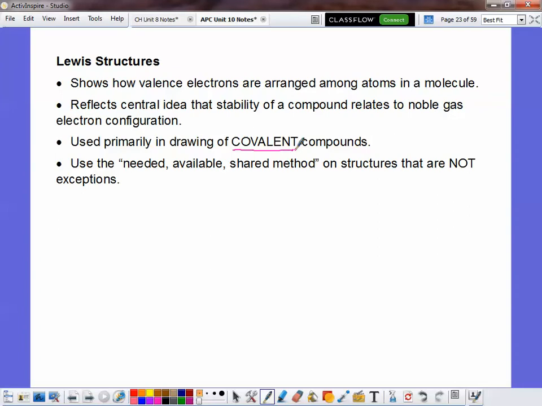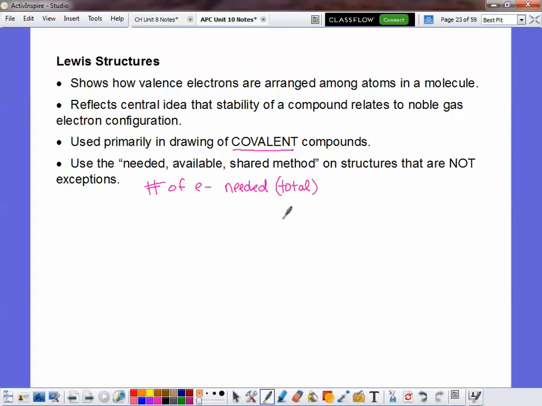All right, we're going to use what's called the needed available shared method. And depending upon who you had for first year chem, you may or may not have learned this. So needed is going to be the number of electrons that are needed, by number of electrons, total.